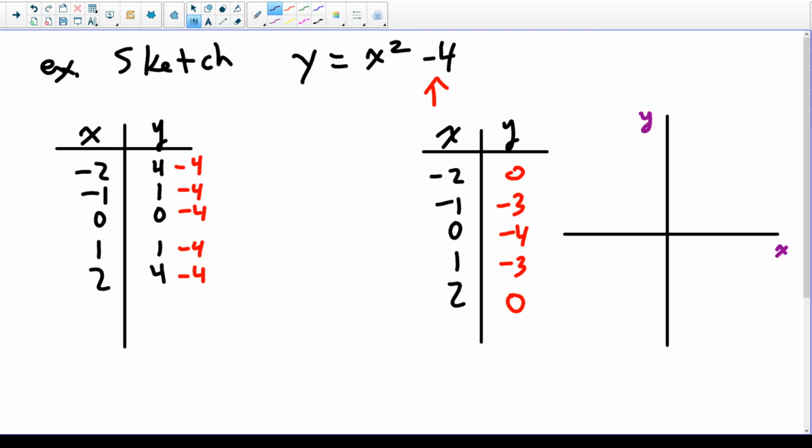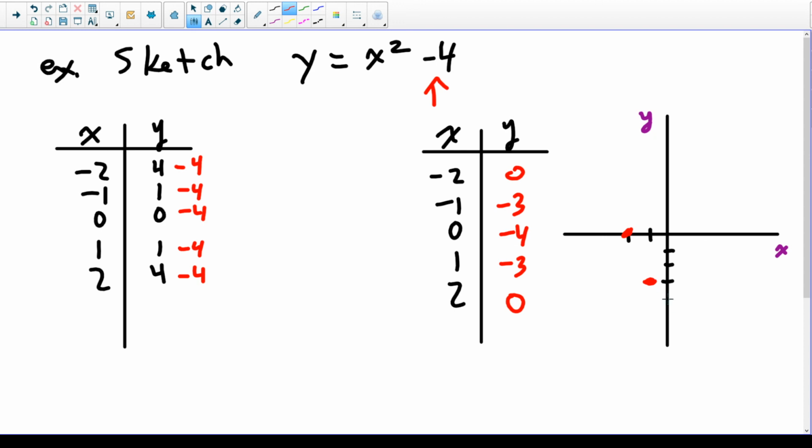So you always go x first and then y. So x is -2, well -2 is here, and 0. So I'm going to have a point there. Then -1 and -3. Well, -3 would be like down here for your y value, and you're going to put a point there.